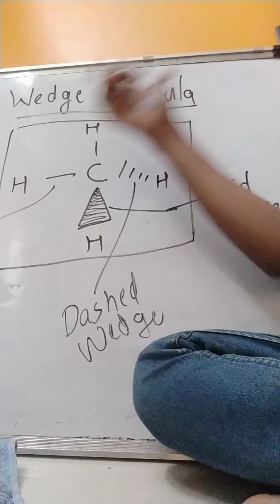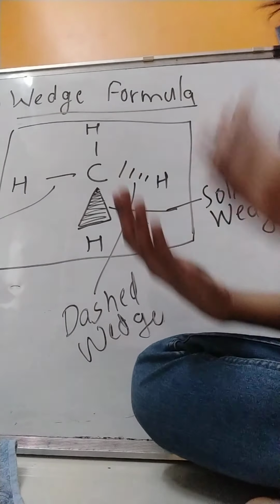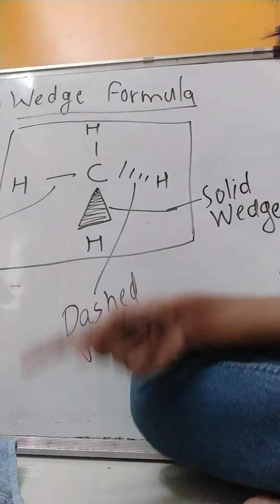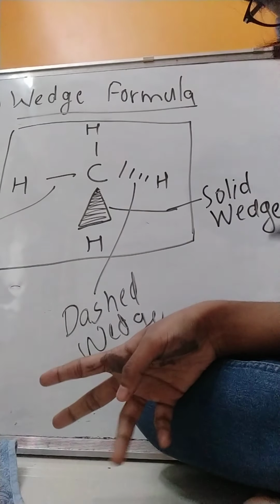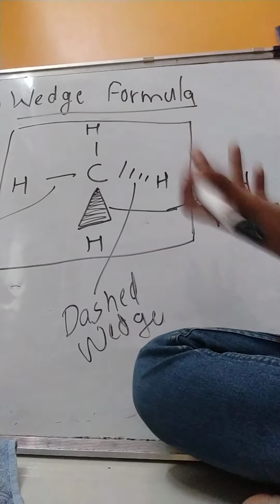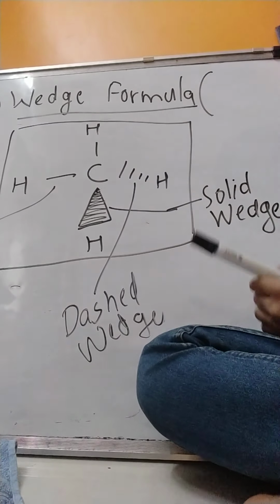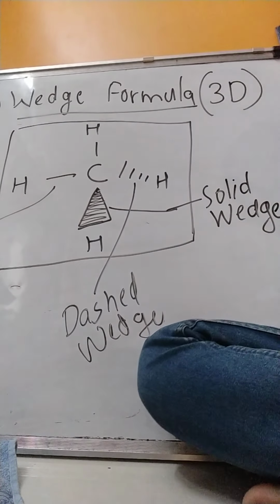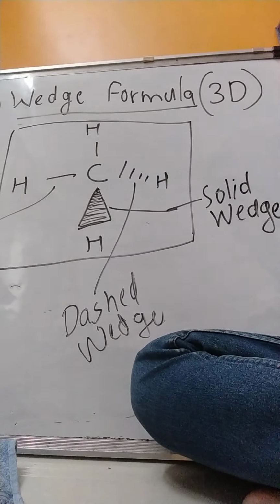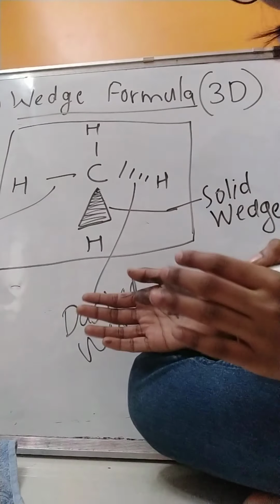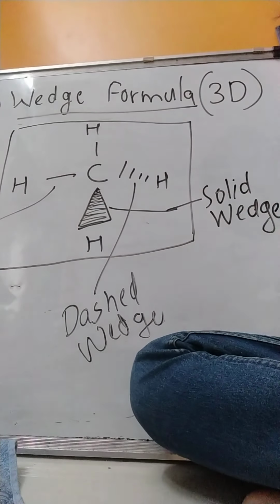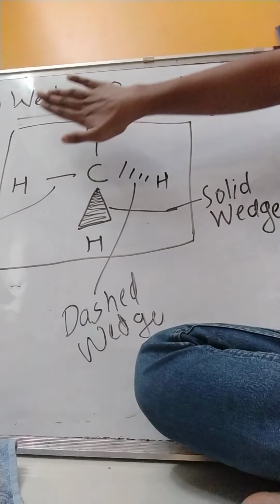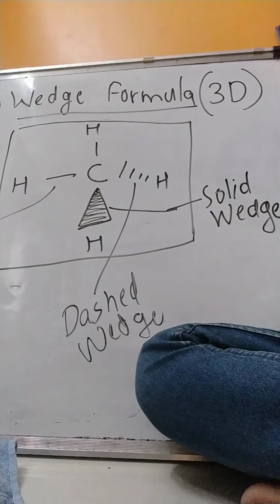In this wedge formula, we are not representing it the way we did in the electron structure or the dash formula. We are actually representing it in a 3-dimensional way. Because if you see the real molecules or compounds, all of them are not in a single plane.